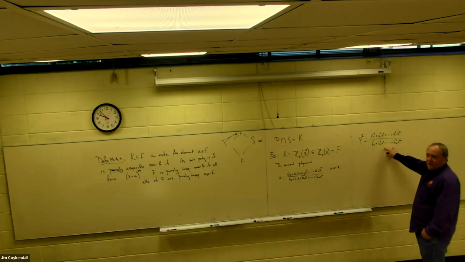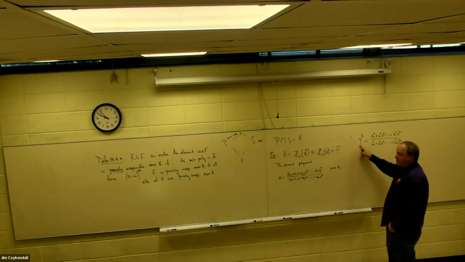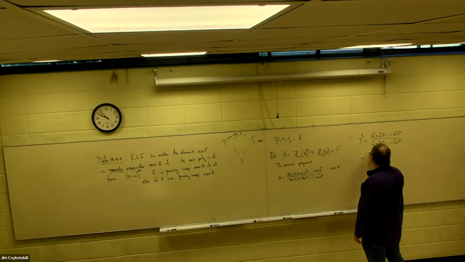Notice that this thing is a rational function over Z2 in the variable x squared, right? And notice that when you plug this in, it works because when you square that, everything's characteristic two.